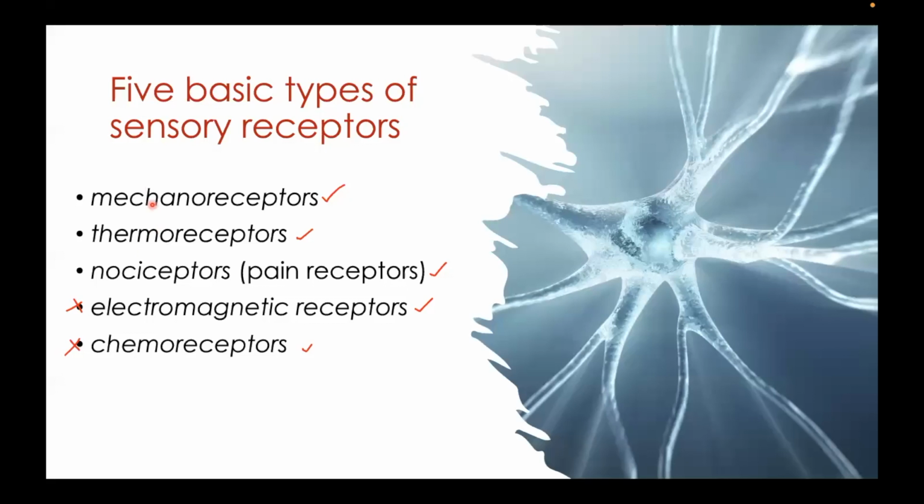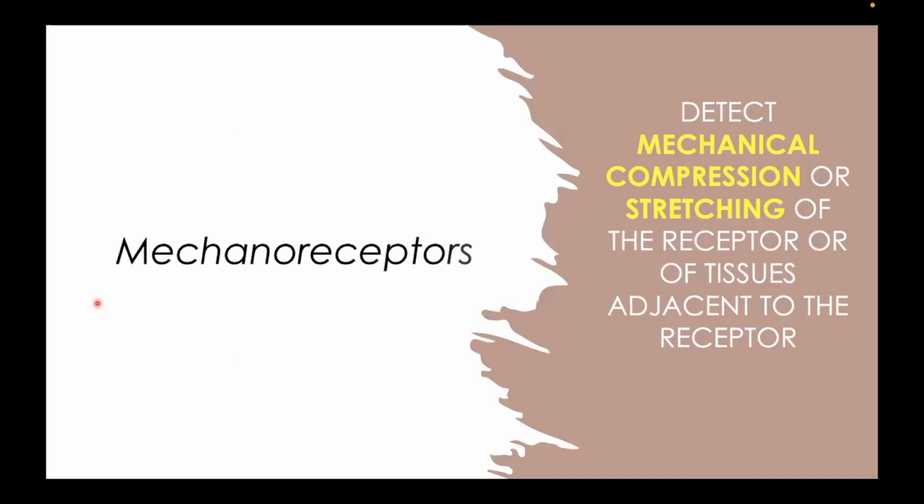So here, mechanoreceptors, thermoreceptors, noci or the pain receptors, the electromagnetic, and lastly, the chemoreceptors. Now, let's take them one by one. The mechanoreceptors have a very important function.